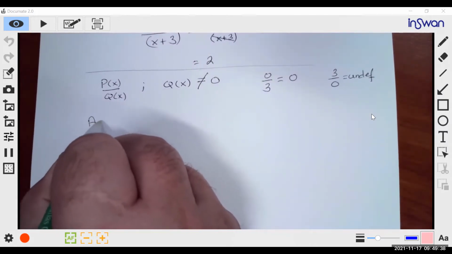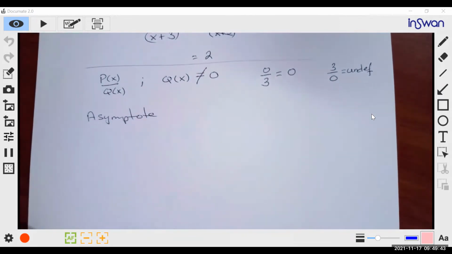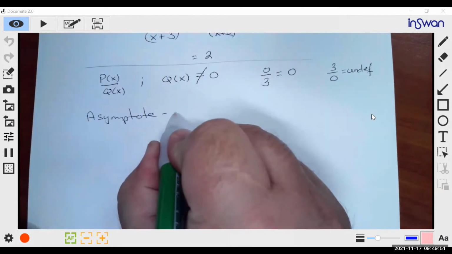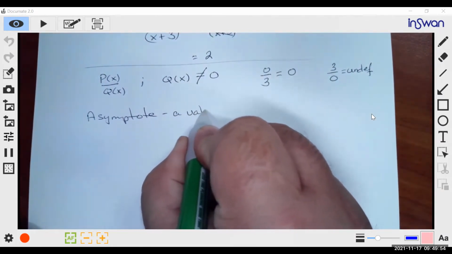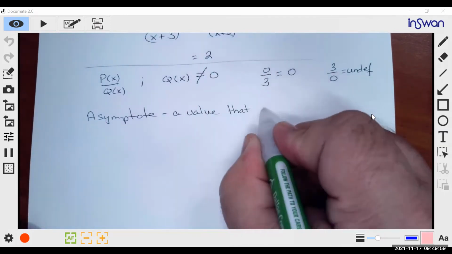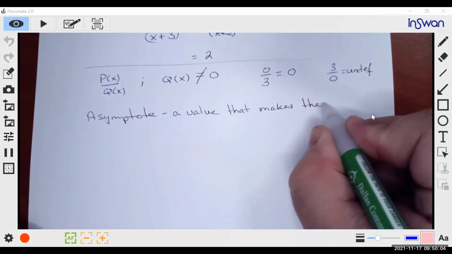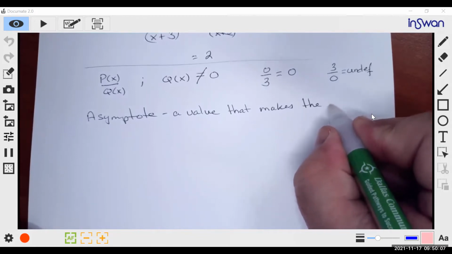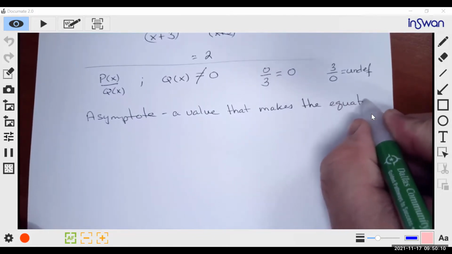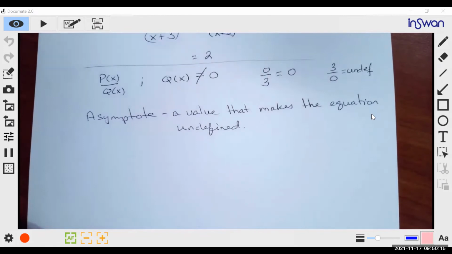That's what we call an asymptote. An asymptote is a value that makes the equation undefined.